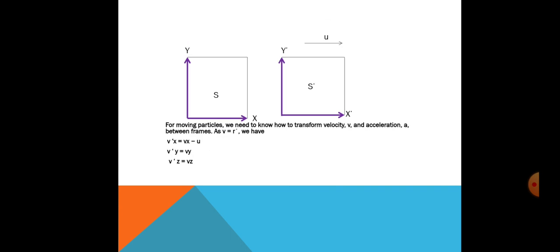And for a moving particle, we need to know how to transform velocity v and acceleration a between frames. As v is equal to dr by dt, we have v dash x is equal to vx minus u, v dash y is equal to vy, and v dash z is equal to vz. Because r is a resultant, we will be having x component, y component, and z component. The velocities in the x, y, and z components can be written as v dash x, v dash y, and v dash z.